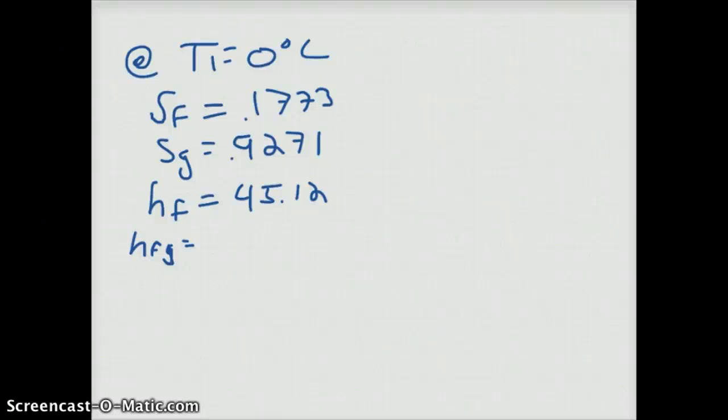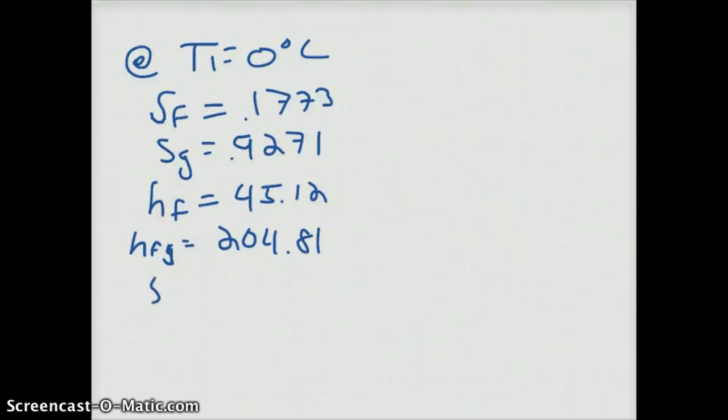Since we don't know the location of our point at state 1, we need to find our quality, knowing that S2 is equal to S1.